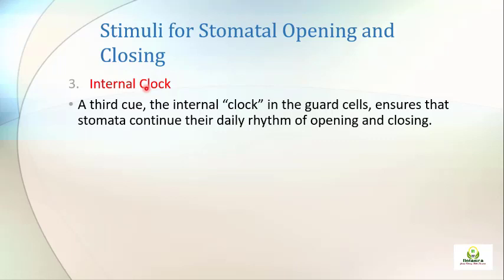So if at 9 or 10 p.m. we are in light, when there is no darkness, our mind will still initiate or secrete hormones which will result in sleeping. So that is the internal clock.